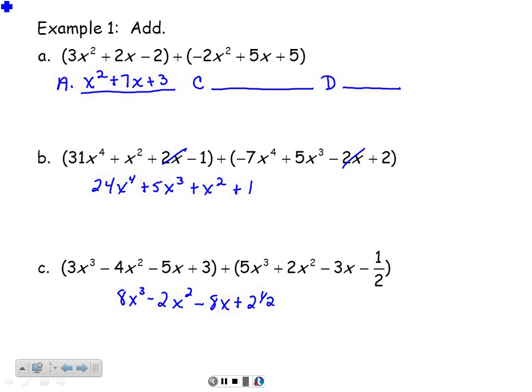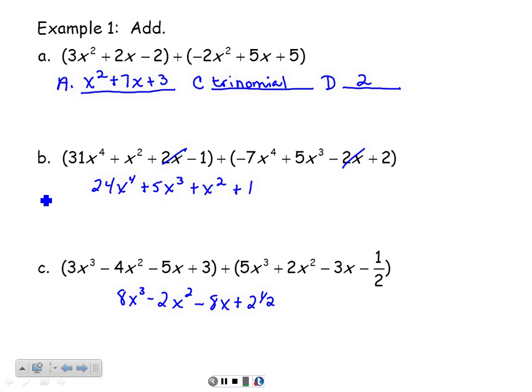So the classification of your answer, that's going to be 3 terms, which is a trinomial. And then the degree, remember, is the highest degree term, which is squared, so it's 2. For letter B, your answer is here.